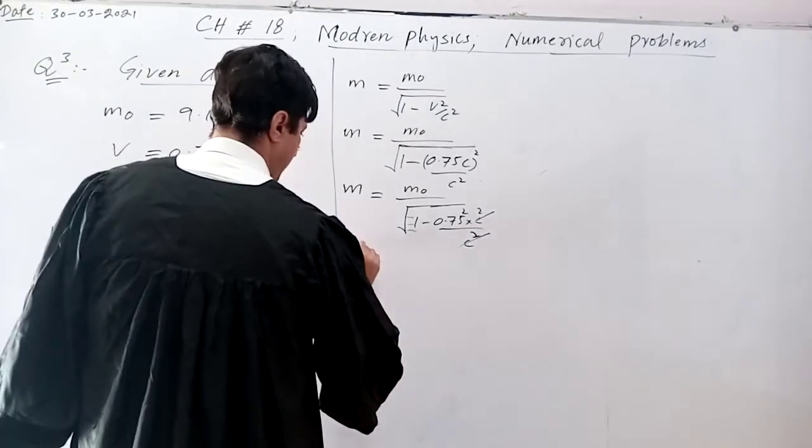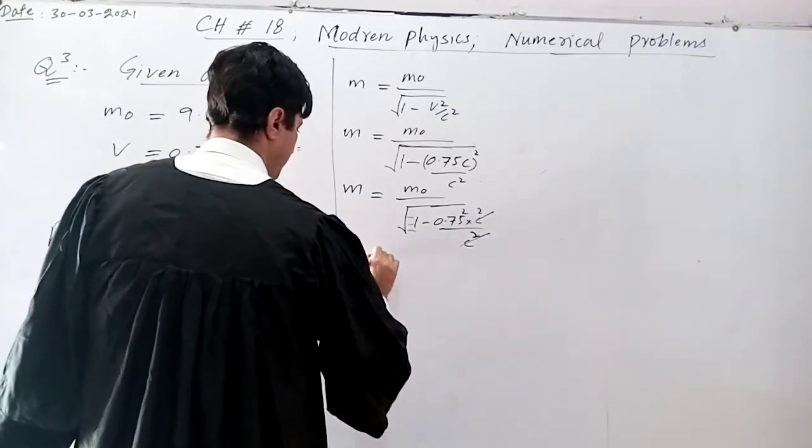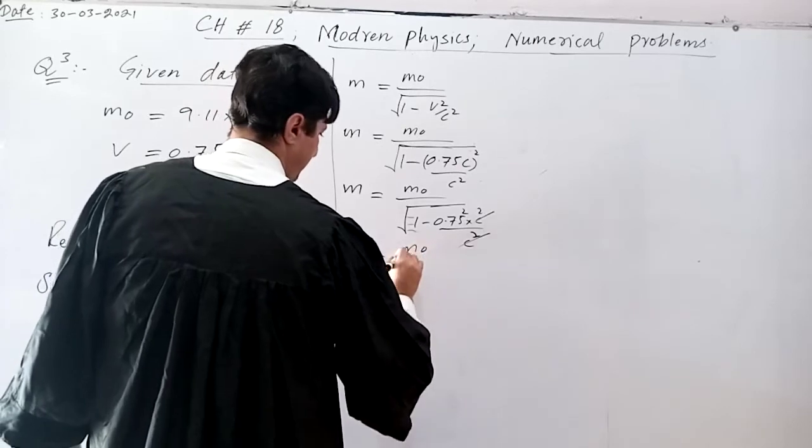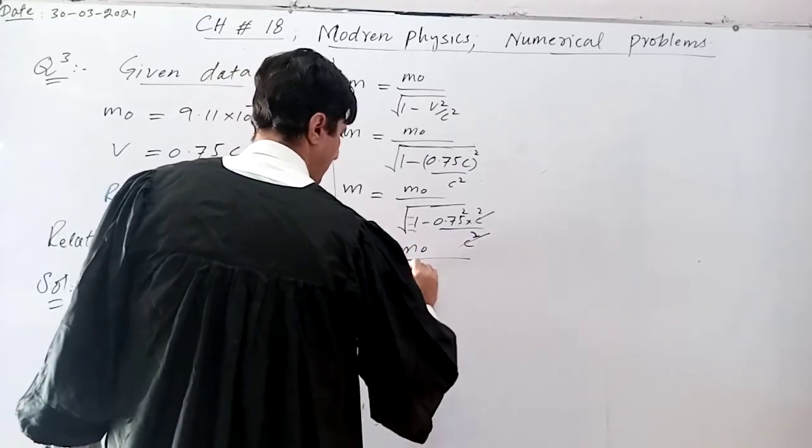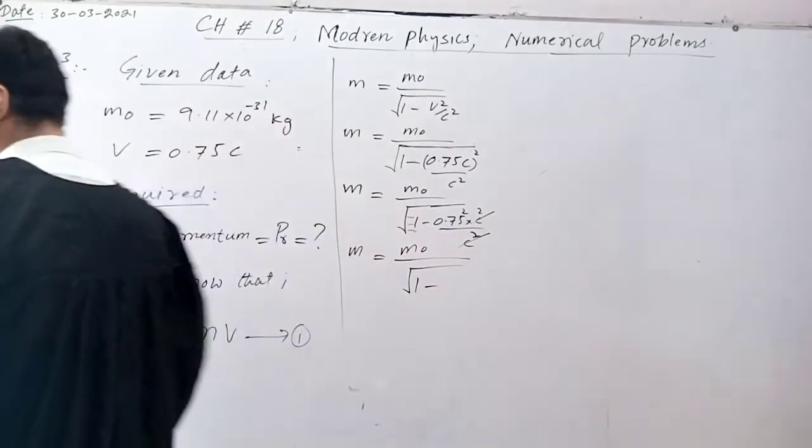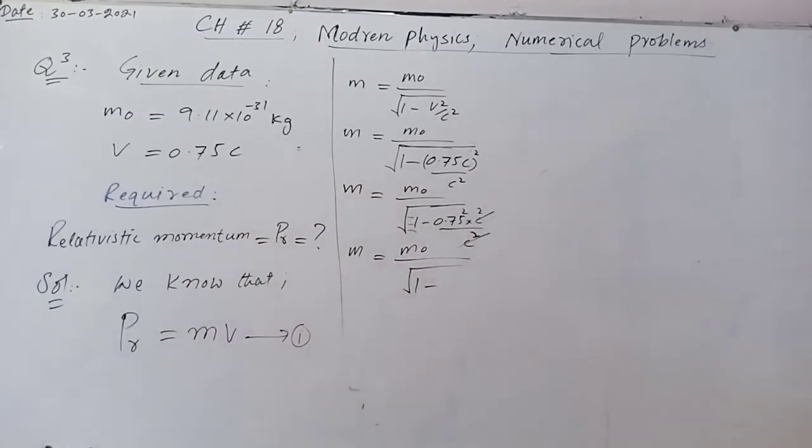We get m equals m naught divided by under the root 1 minus 0.75 square, which is approximately equal to 0.56 by taking the square.